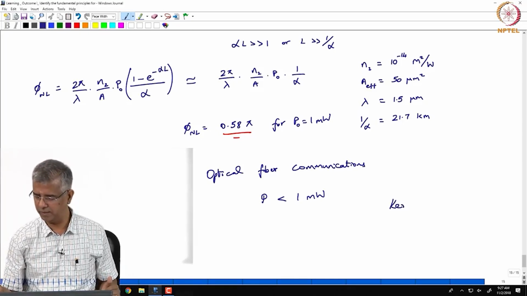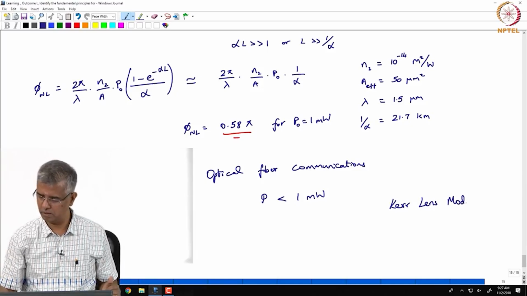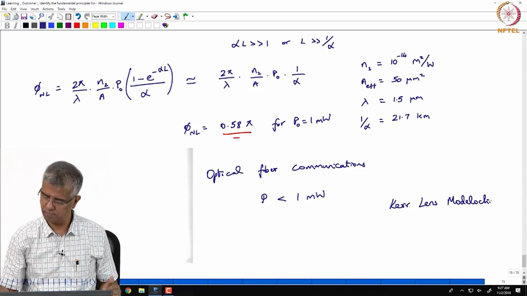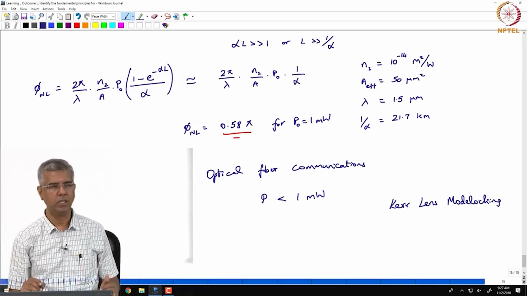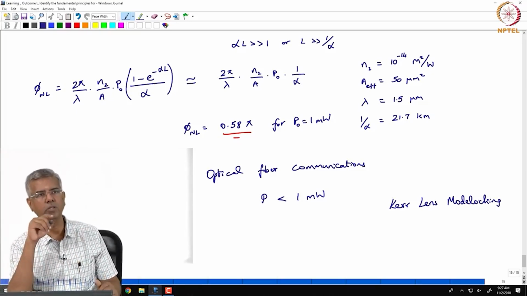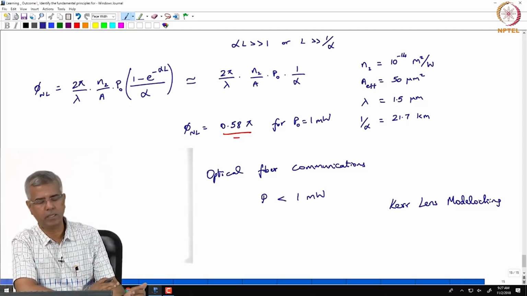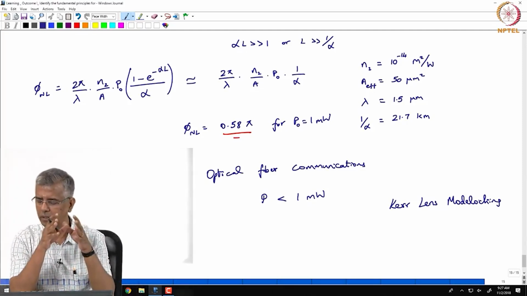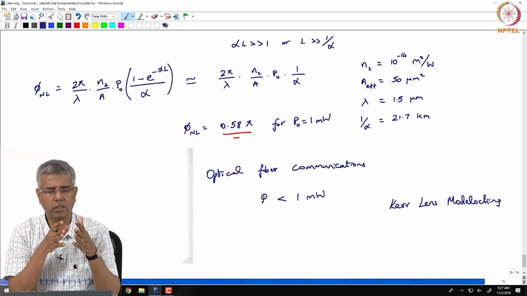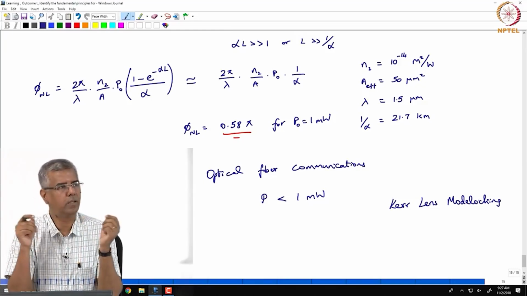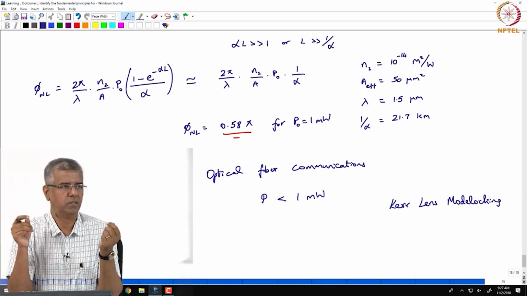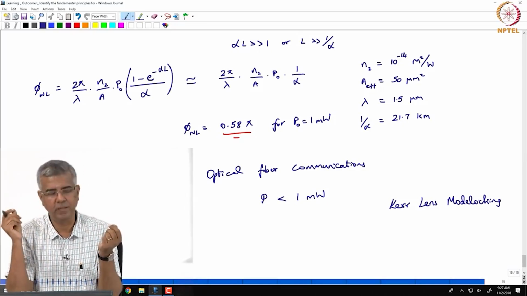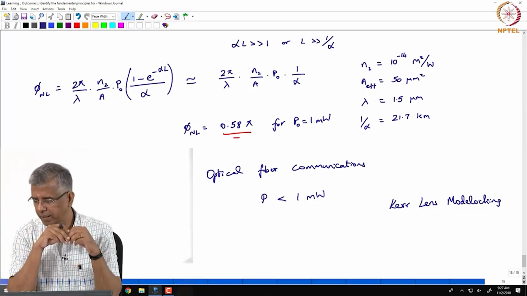There is what is known as Kerr lens mode locking that you can do. Remember, what we want to do in mode locking is that we want to lock all the longitudinal modes in phase, right. That is what we talked about several weeks ago.